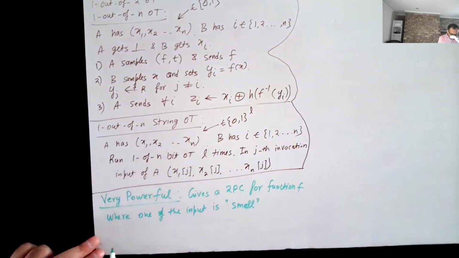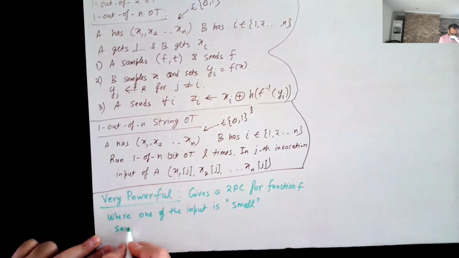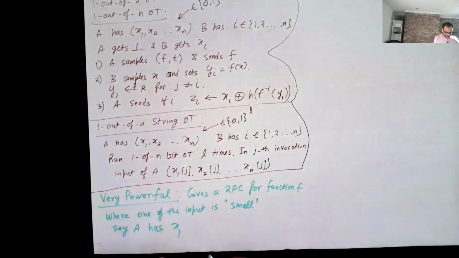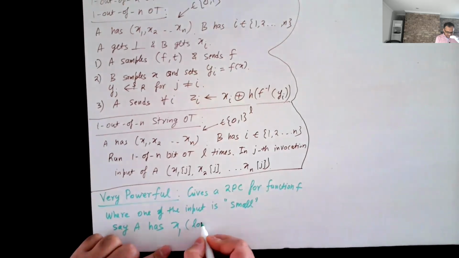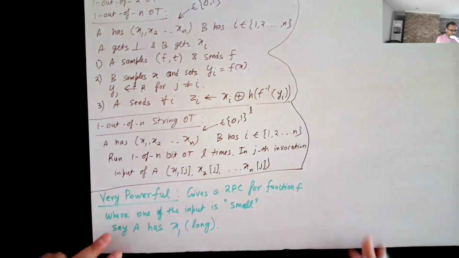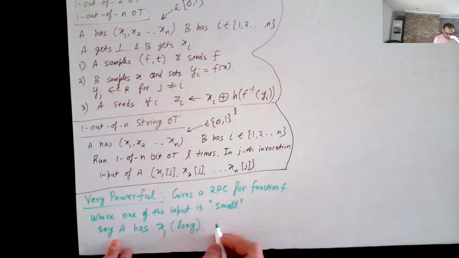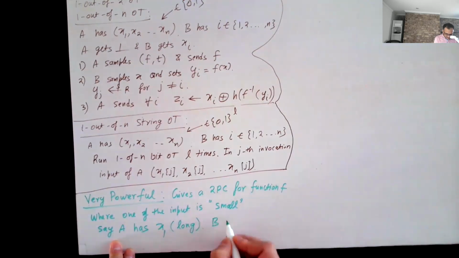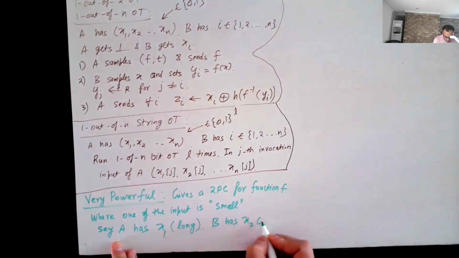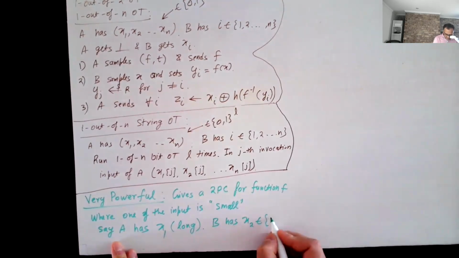Okay, as an example, say A has x1 and x1 can be arbitrarily long. And then B has x2. X2 is not very long. X2 is, let's say, either 1 or 2 up to n.